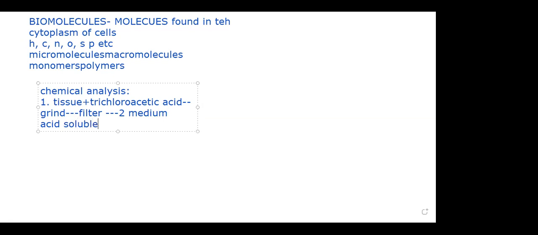The acid soluble pool and the acid insoluble pool.